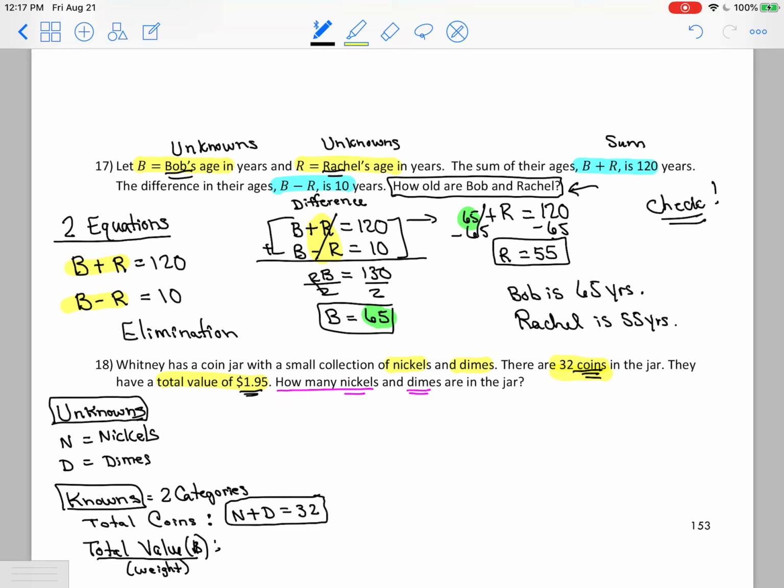Nickels are worth 5 cents, so we weight the nickel at 0.05. Dimes are worth 10 cents. And then we have a total value of $1.95. Here is our second equation based on our two categories.